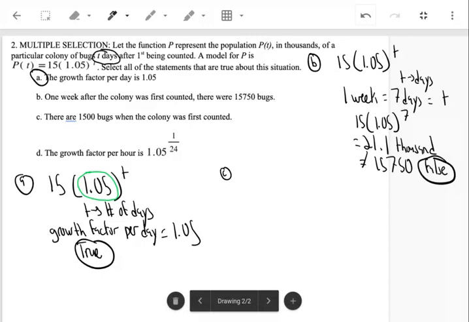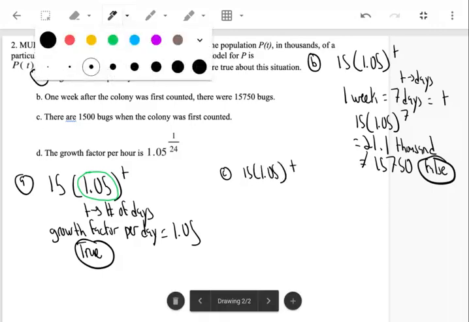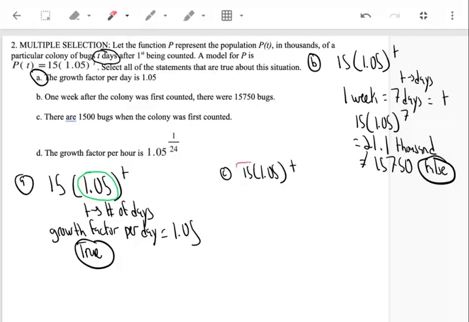C. There are 1,500 bugs when the colony was first counted. Okay, so again, going back to our equation, 15 times 1.05 to the power of t. What is our initial value? Our initial value is 15. Now, that doesn't mean there are 15 bugs.